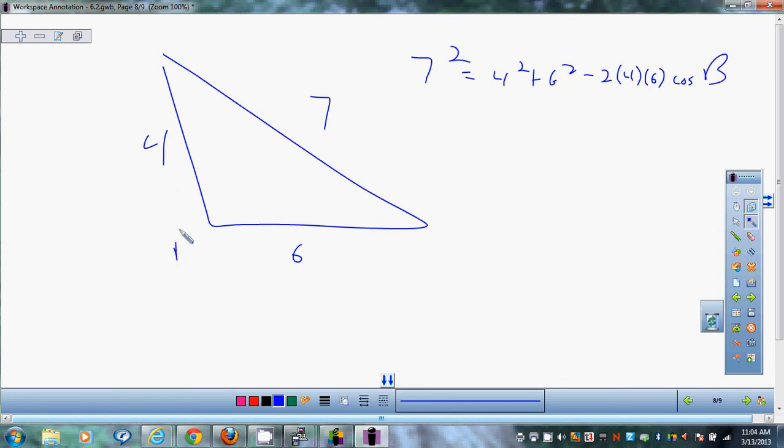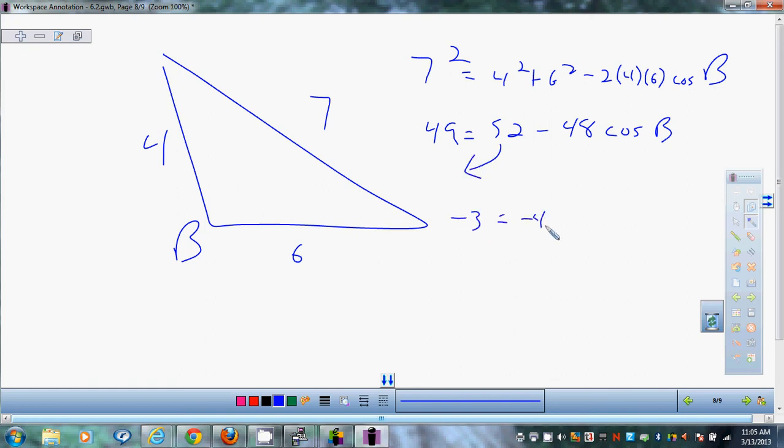Subtract the 52 first. Then divide by the negative 48. So it's 3 over 48 equals cosine of B because the negatives canceled. Inverse cosine of that. And what is it? Was it 86? And then you'd use the law of sines to finish it up.